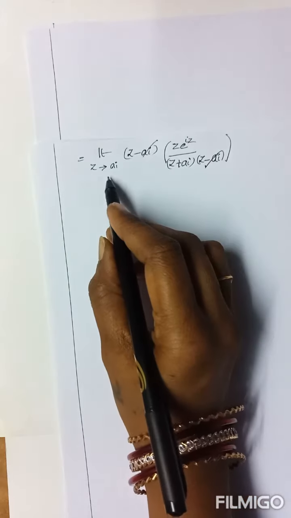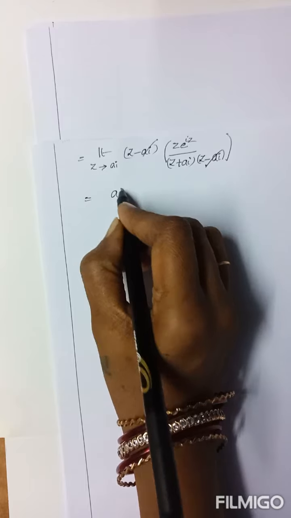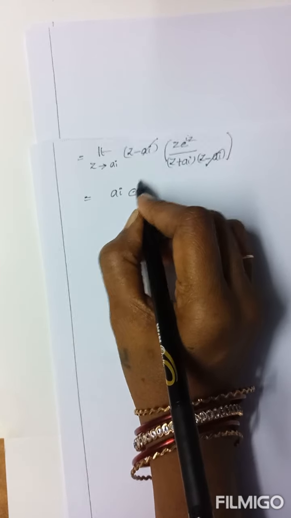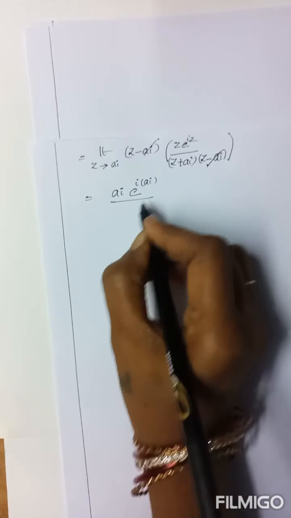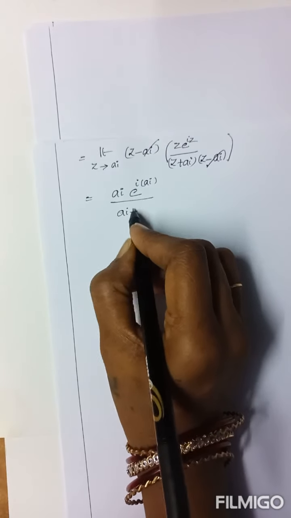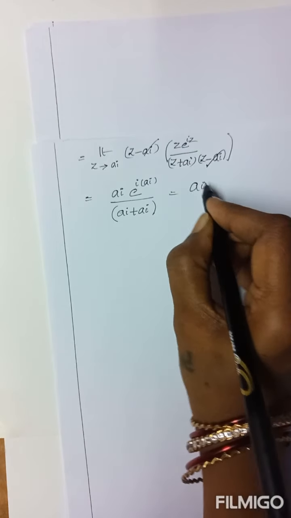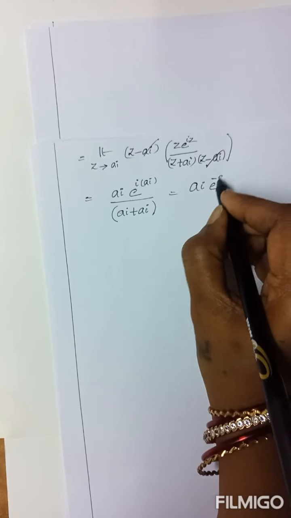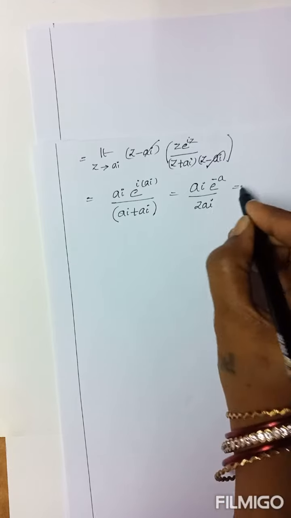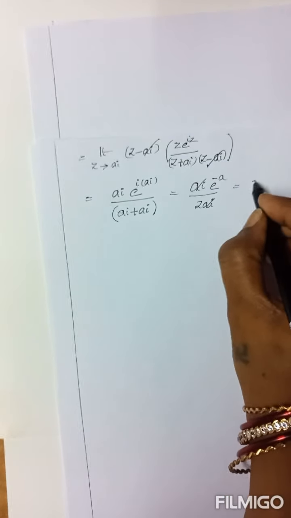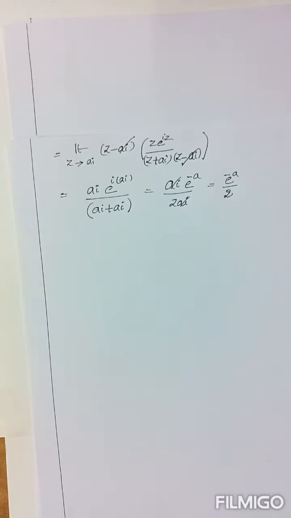Now we can put z equal to ai: ai e power i into ai by ai plus ai, that equals a into i e to the power of i square minus a. Here this is 2ai. After ordinary simplification, e to the power of minus a by 2 is the residue of the given function.